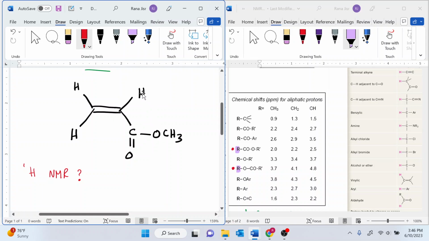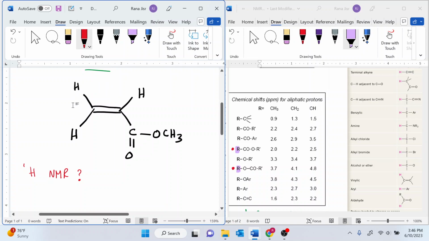So this hydrogen here is different than this hydrogen here, because this hydrogen is simply connected to this carbon, and this hydrogen is connected to this carbon. So we agree that these 2 hydrogens are different. Then these 2 hydrogens are going to split each other.